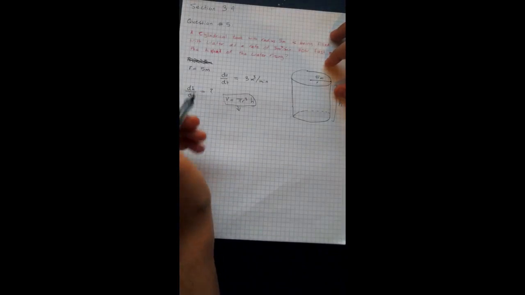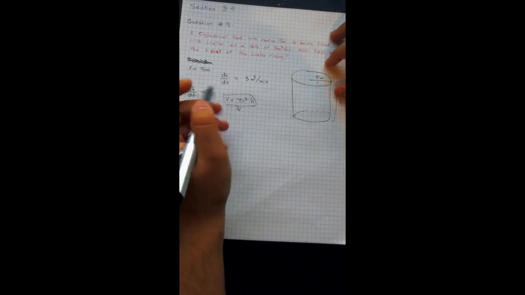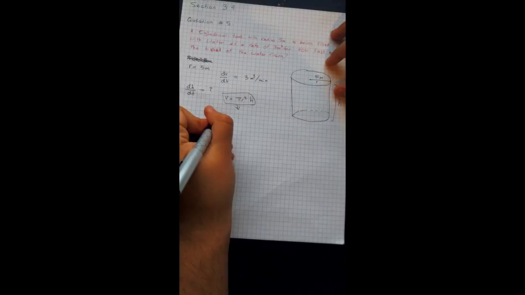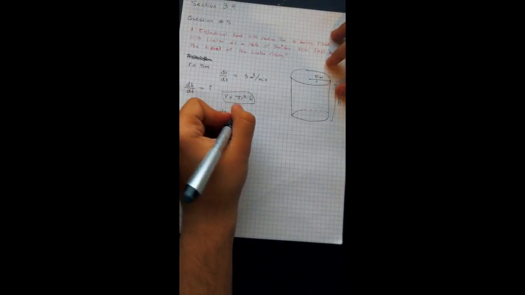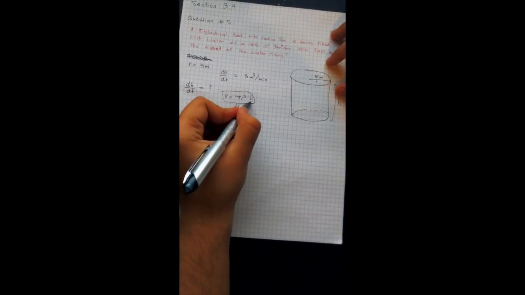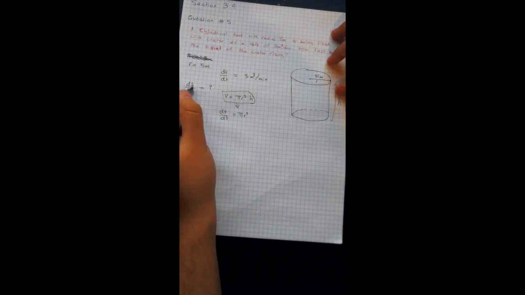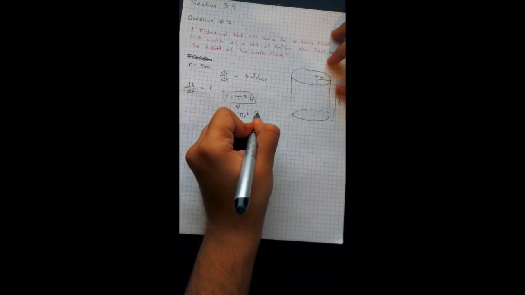So they have given us some things that are useful that we can plug in. We can bring this down to a different formula: dV/dt is equal to, since pi r squared is a constant, we can just leave it as pi r squared, and then we're trying to find the rate of the height, so we put in dH/dt instead.